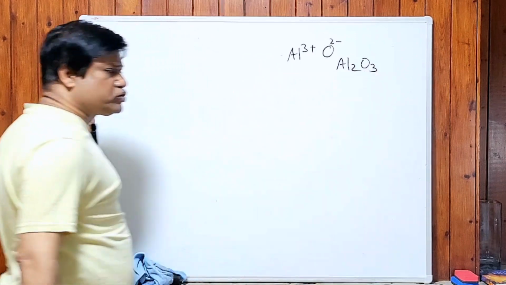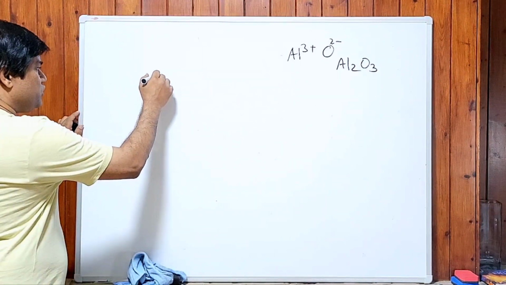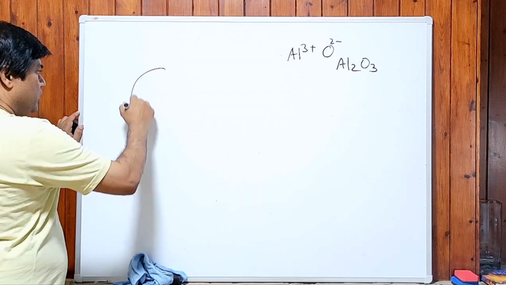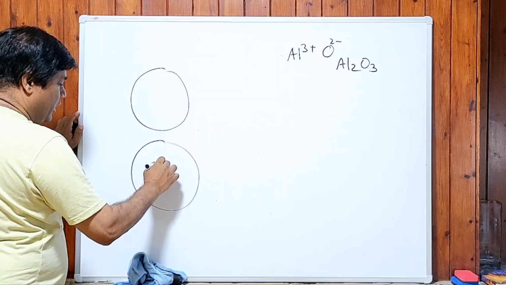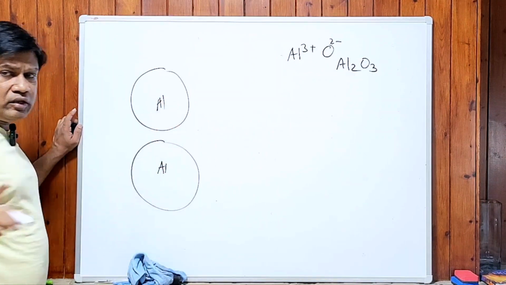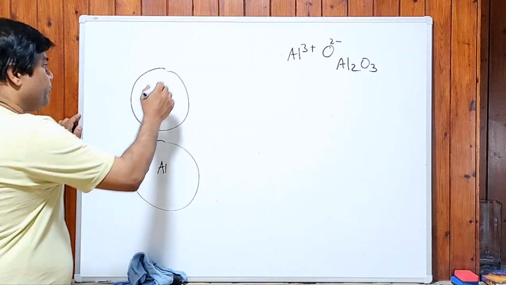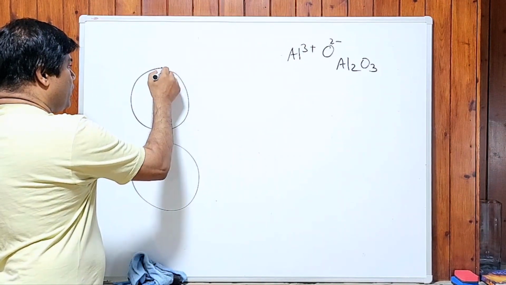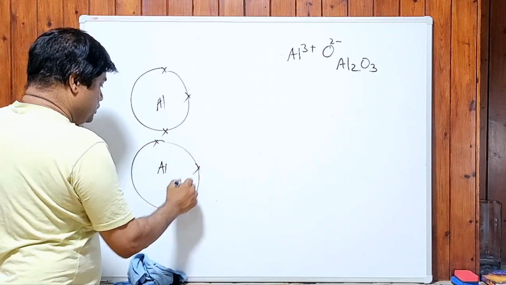Aluminum oxide is also called alumina. Now, we need 2 aluminum atoms, Al and Al. How many electrons? 3 each.